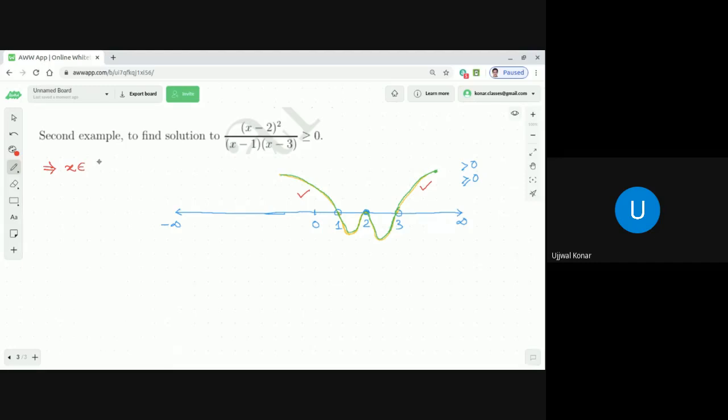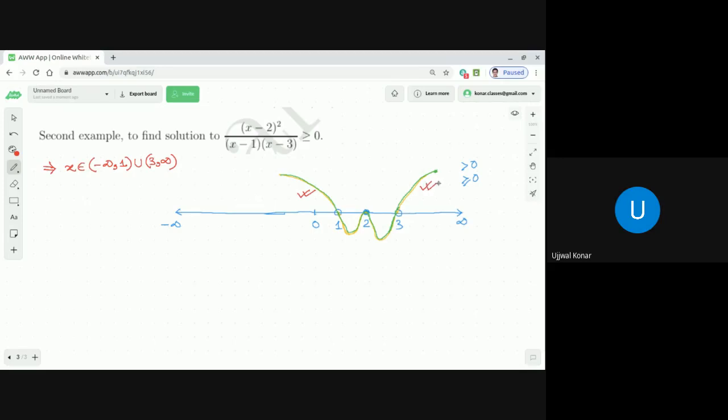So first we'll take minus infinity to 1, dear students. Minus infinity to 1. That means this is the region we have covered. Correct? Then we get from 3 to infinity. Correct or not? Union 3 to infinity. Correct or not? Then this region is done.